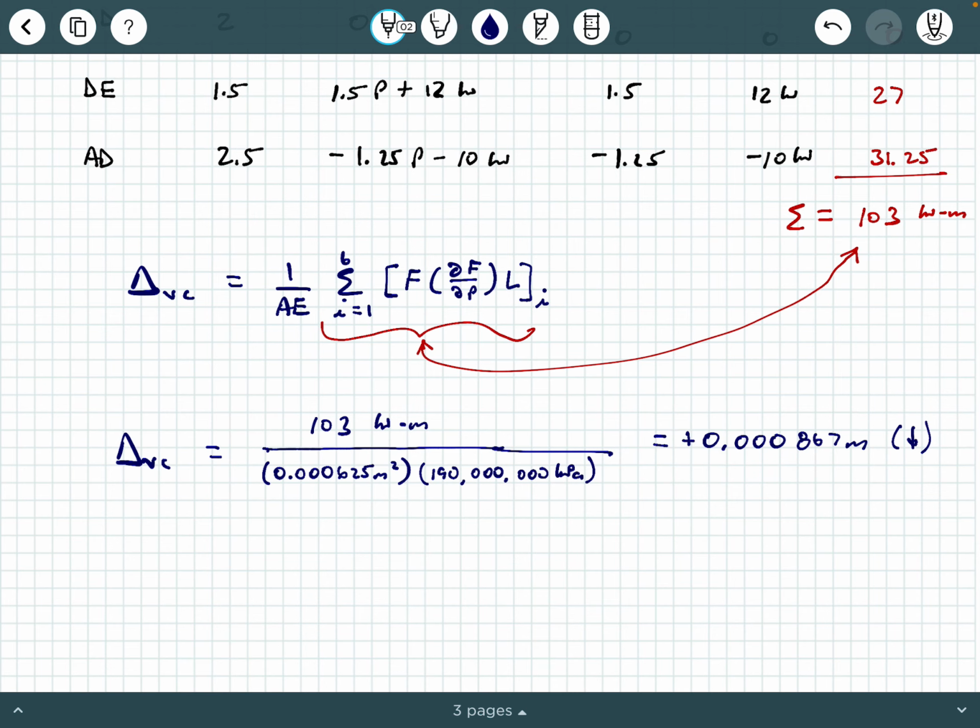And it's positive, right? It's a positive number here. And so remember, when your value comes out as positive, what does it mean?